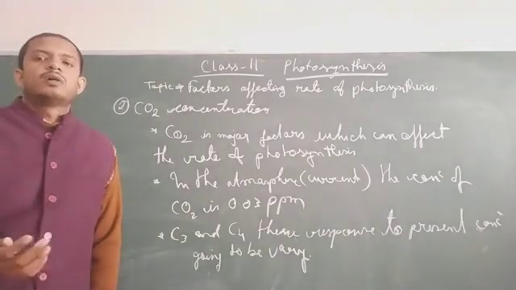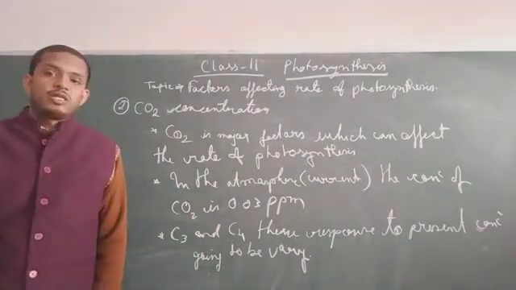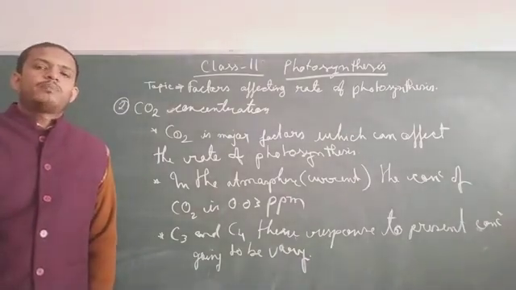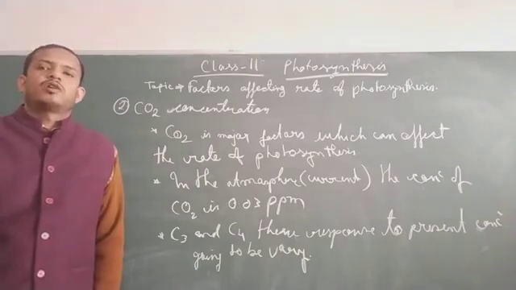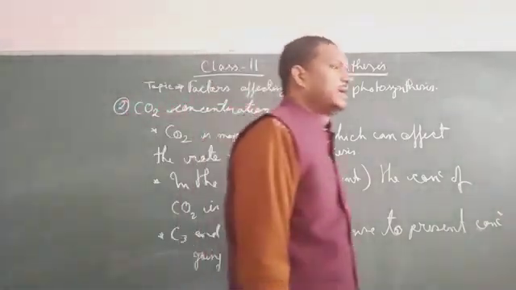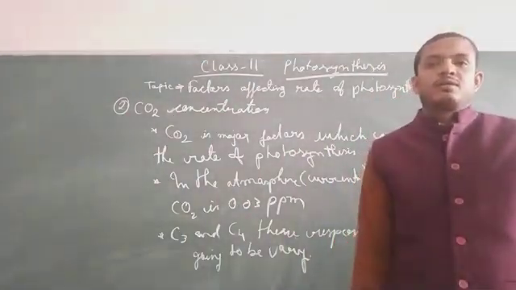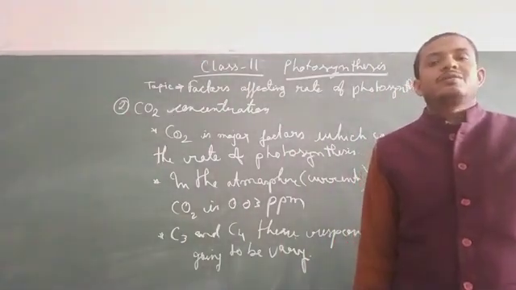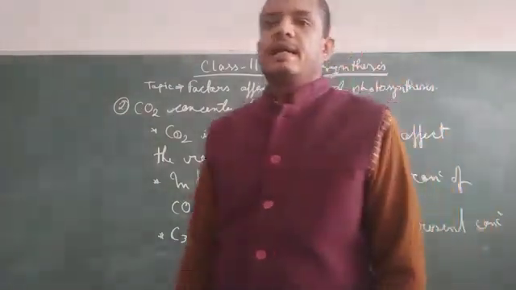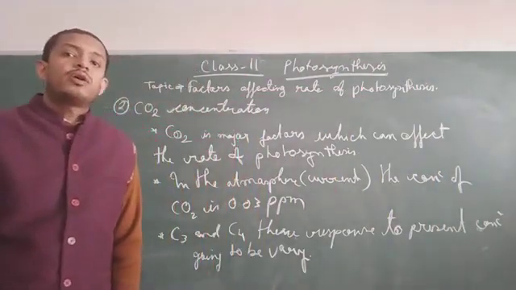They can use that carbon dioxide, but for C3 plants, a higher concentration of carbon dioxide is required. So we can say that the present concentration of atmospheric carbon dioxide can act as a limiting factor for C3 plants.